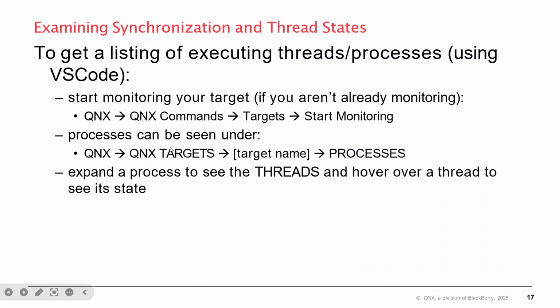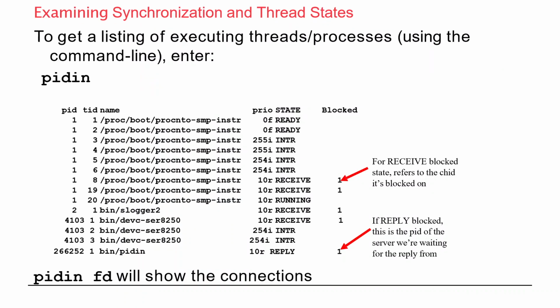The process can be viewed under QNX targets, target name, and process. This is how it is executed, and the listing of threads is given here: thread 1, 2, 3, 4, like that.